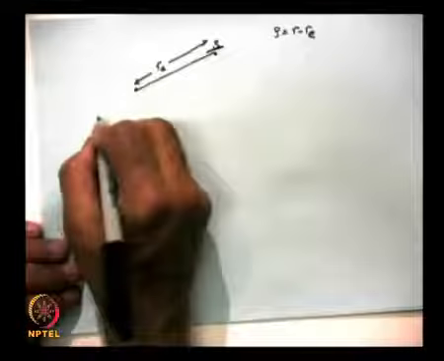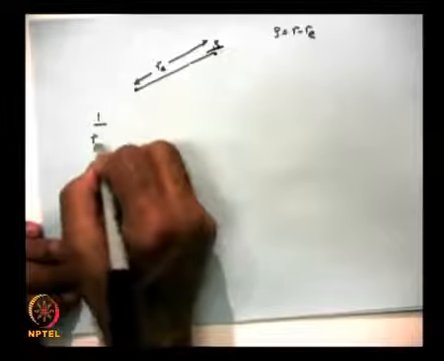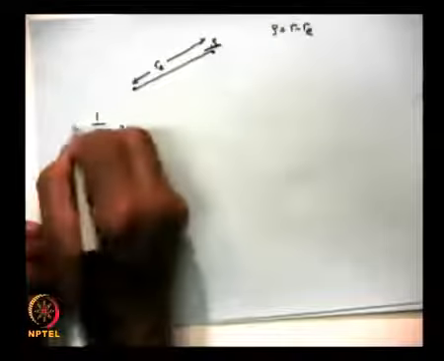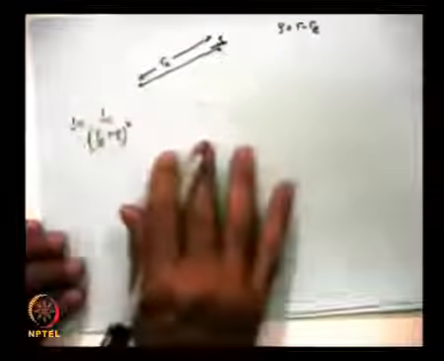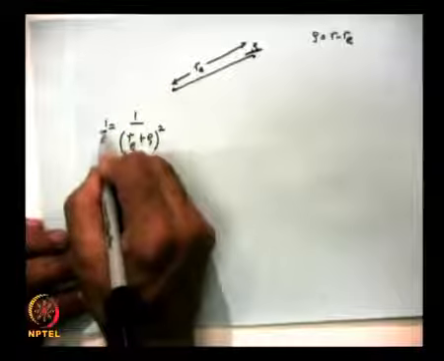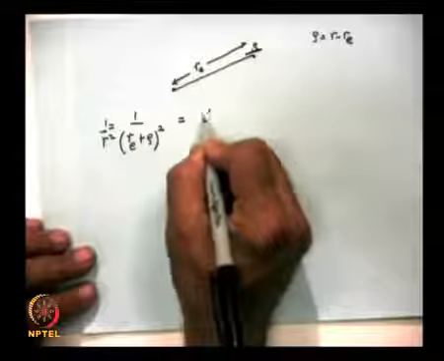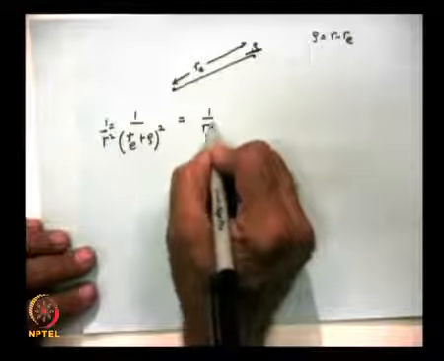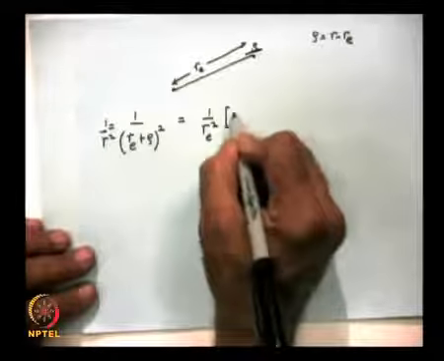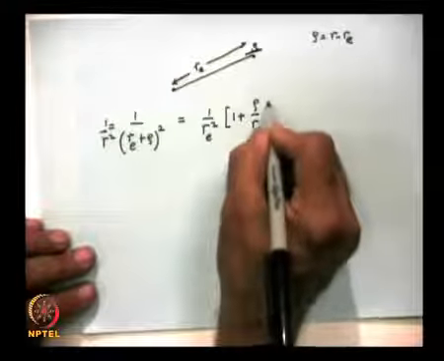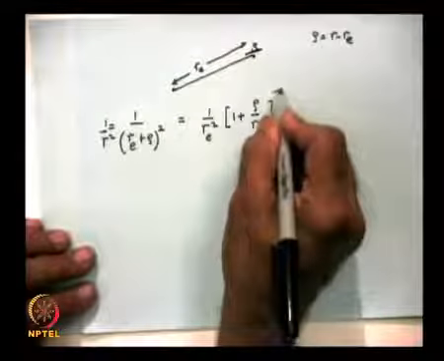So therefore, when I write 1 over Re plus rho whole square, this is approximately 1 over Re square. I take Re outside, and you will get 1 plus rho over Re raised to the power of minus 2.